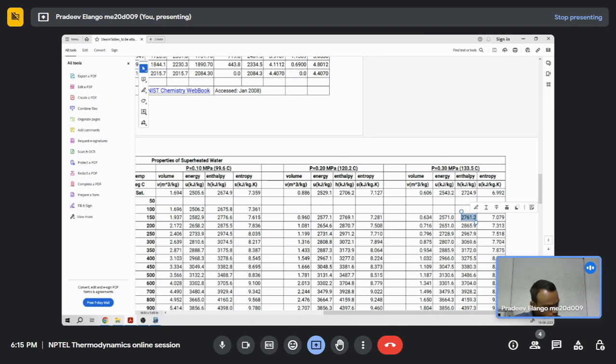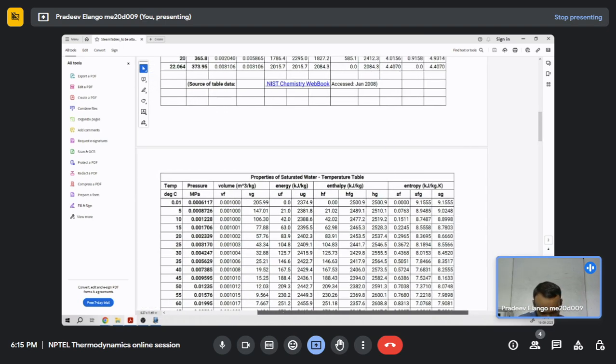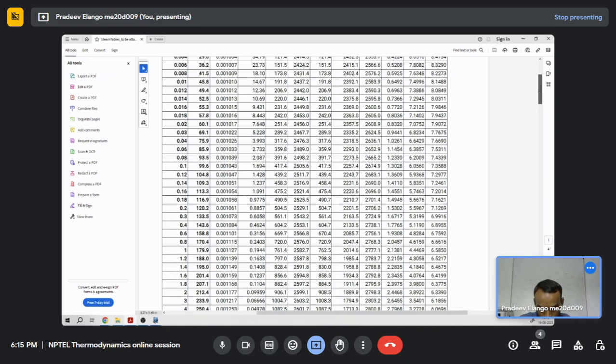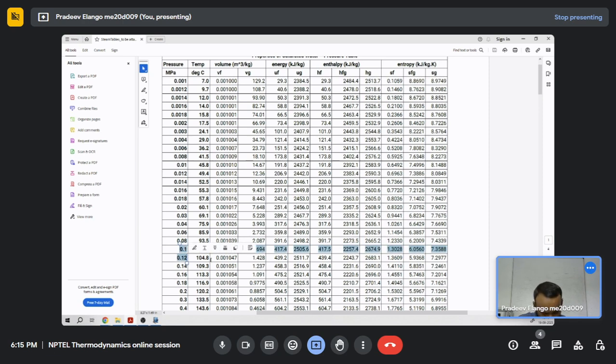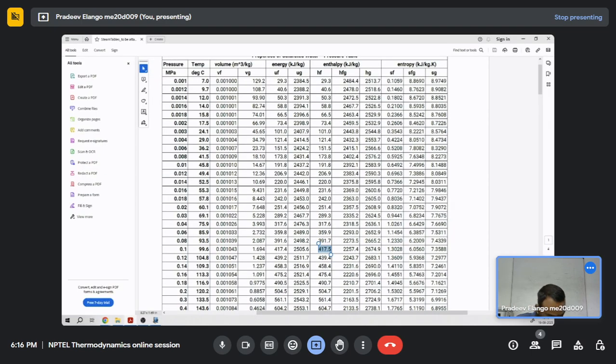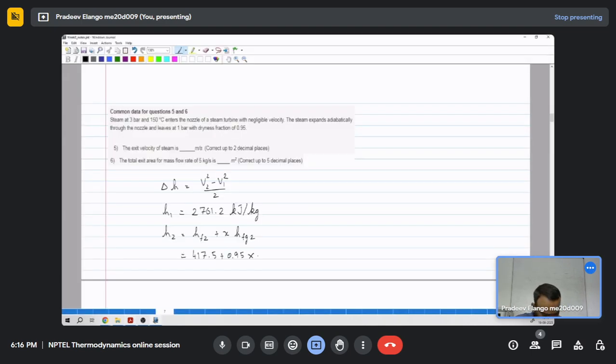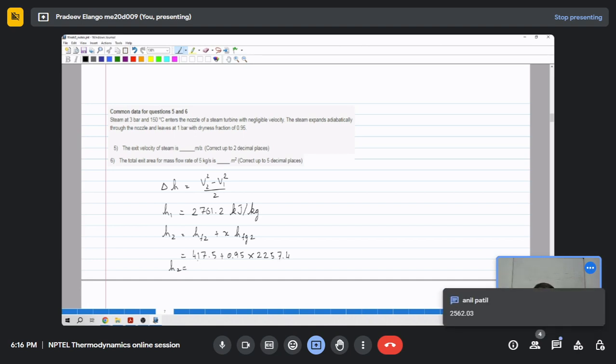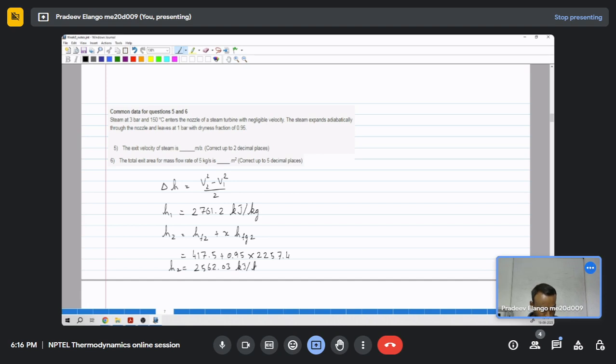So we need to go to the steam table. 1 bar is 0.1 megapascal, so we have it here, 0.1 megapascal, and the HF is 417.5 plus X is 0.95 into HFG is 2257.4. So we have 2562.03 kilojoule per kg.